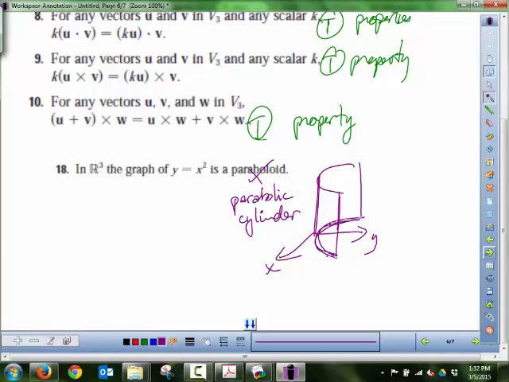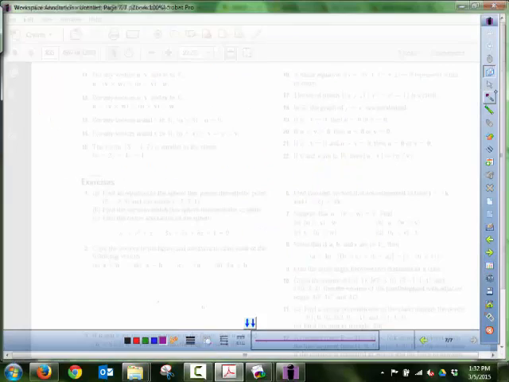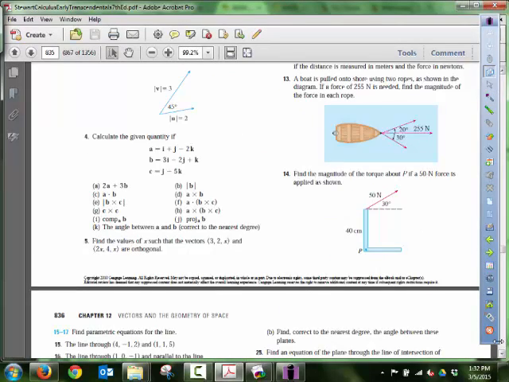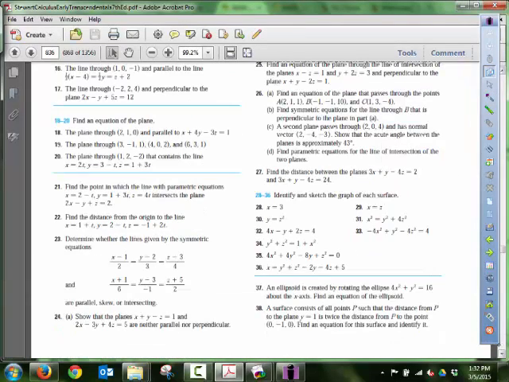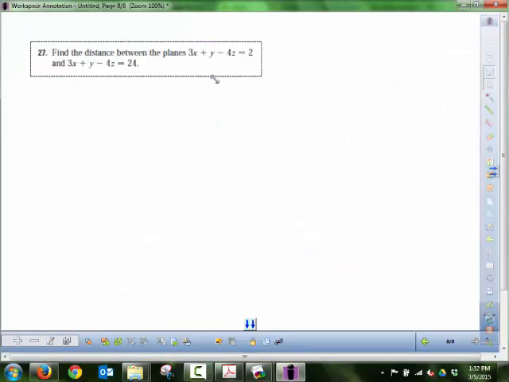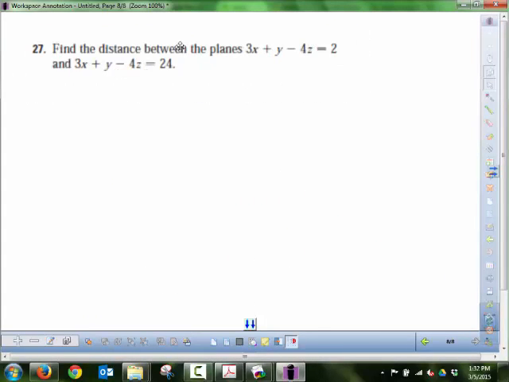All right, in search for the distance between two planes. That's what we're doing. So on your sheet of notes, you would have the formula for the distance between two planes, right?